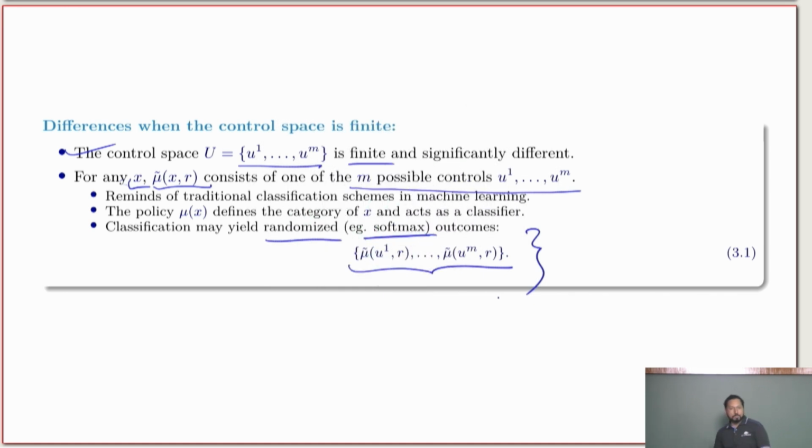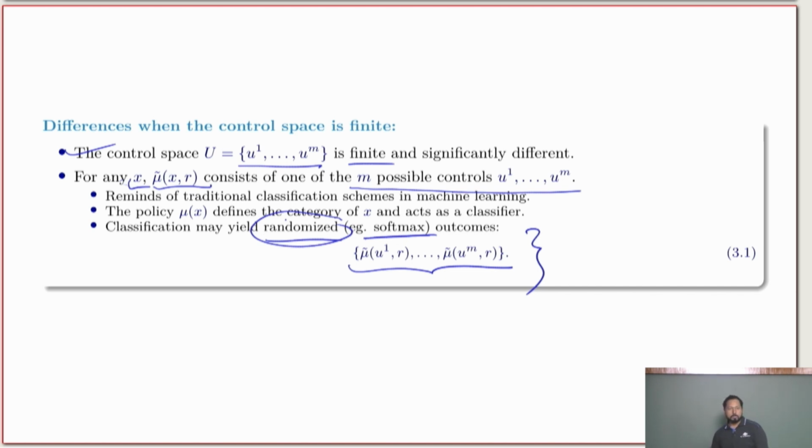All these tools that you know from machine learning, you can borrow and use to build an approximation for the control. All right, so here we said randomized. Now randomized has some utility in the sense that using softmax allows me to use gradient-based optimizers, because it's a differentiable function.